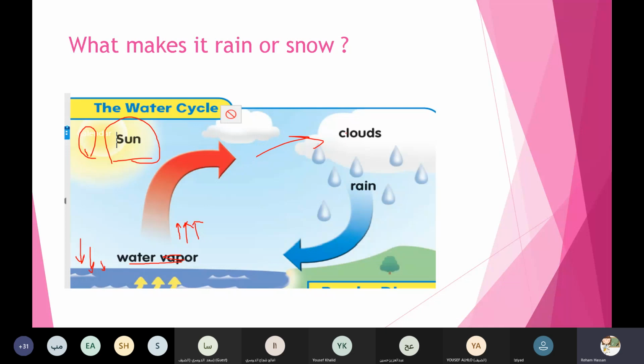Yes, honey, can you repeat? So, when the water vapor cools, where? In the sky or on the earth? The water vapor goes into the sky, the air and then the sky. So when this water vapor cools in the sky, now the clouds are formed. Thanks a lot, Ali.